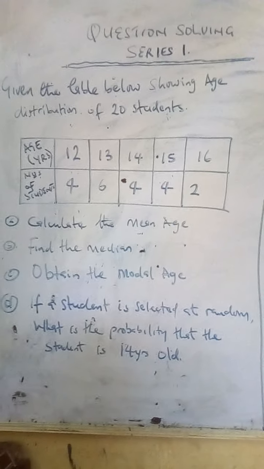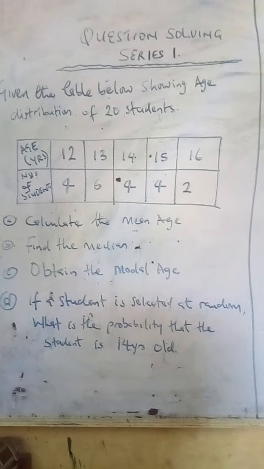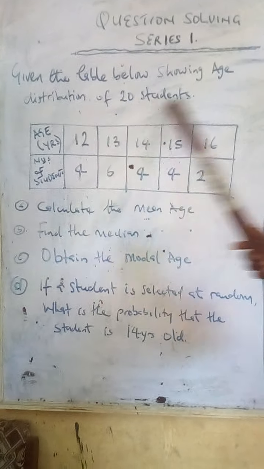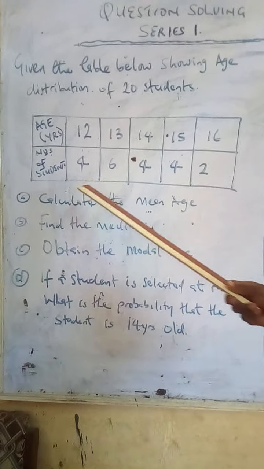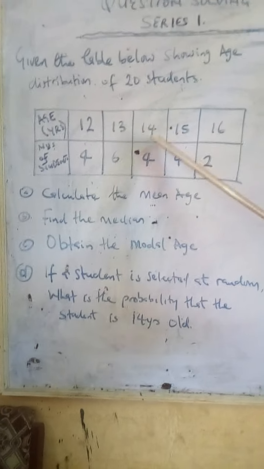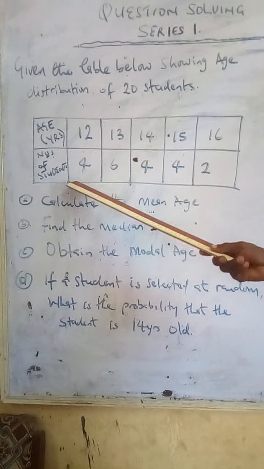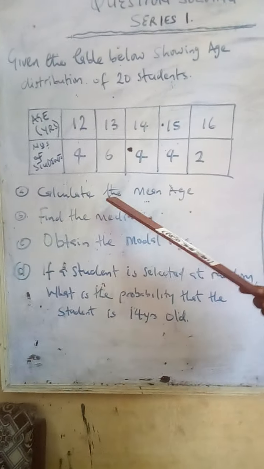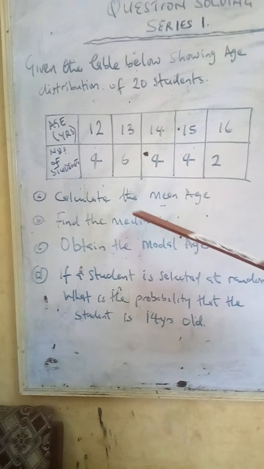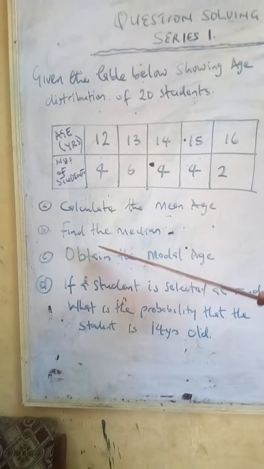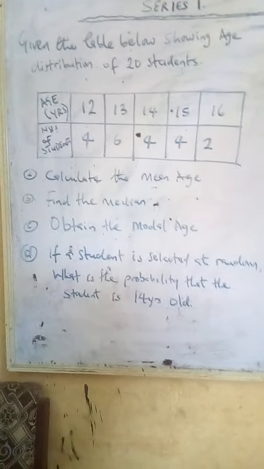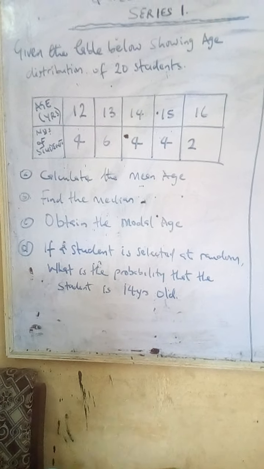As you can see on the board, we have a question on statistics. Given the table below, showing the age distribution of 20 students. You can see the table: 12 years, 13 years, 14, 15, 16, and their various frequencies. We have to calculate the mean age of the students, find the median, obtain the modal age, and there's a question on probability.